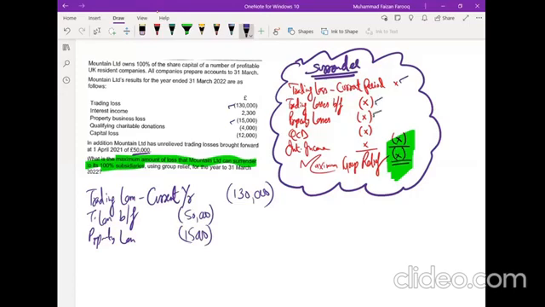What do we need now? QCD. How much? 4,000. Okay. What else do we need as per the format? There's interest income. How much? 2,300. Okay. This is positive, right? Can you solve it?